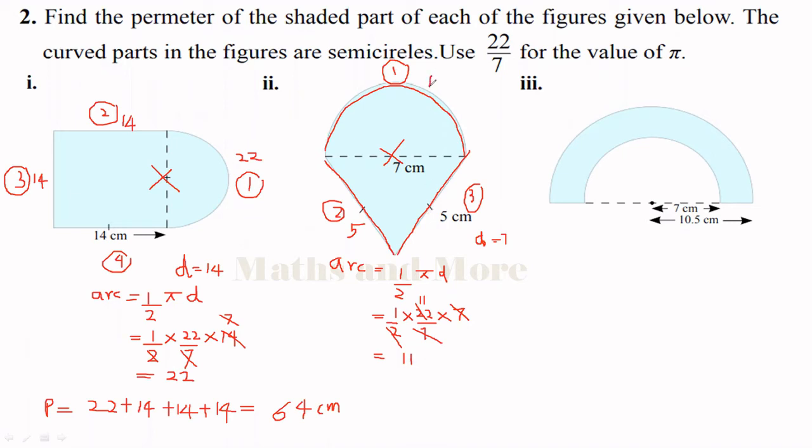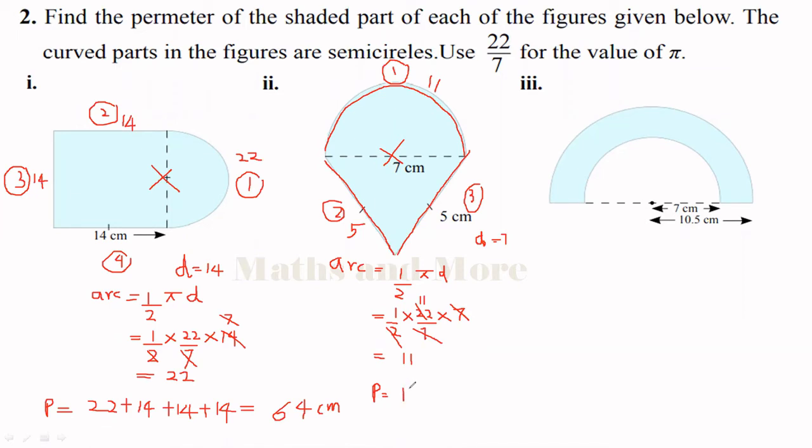Then this first line is 11. Now let's add. You know this value, that is 5. This line 5. This line 11. So what should be the perimeter, the length around the figure? First one 11.